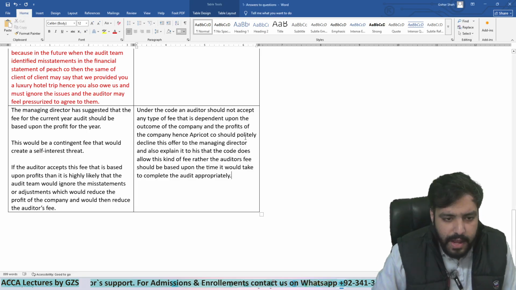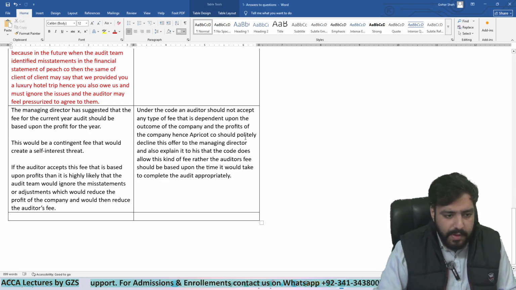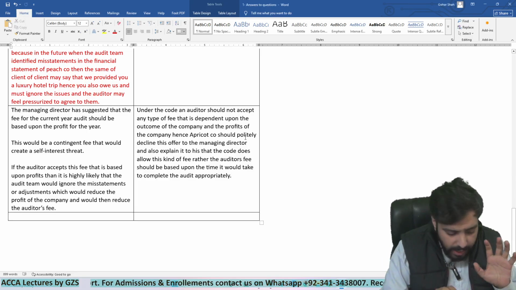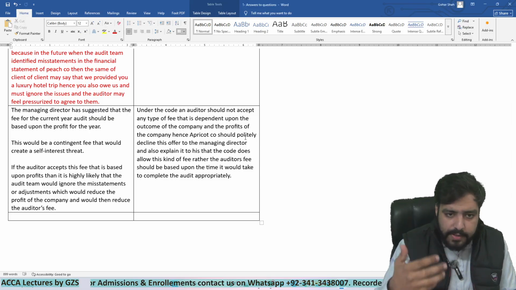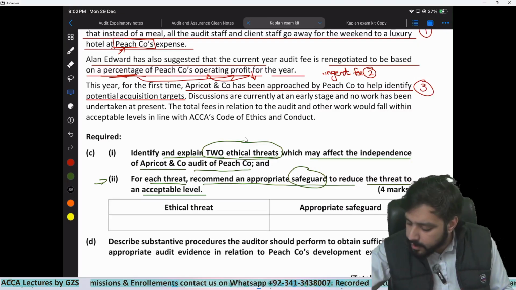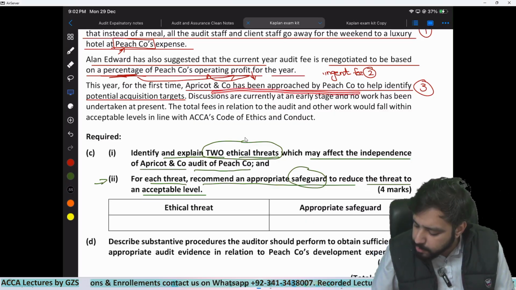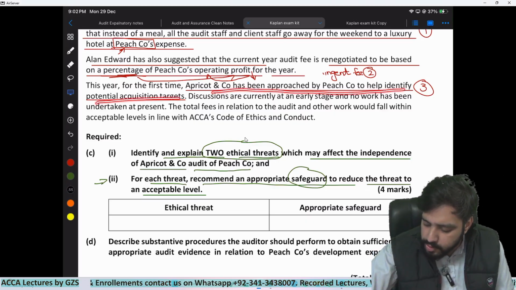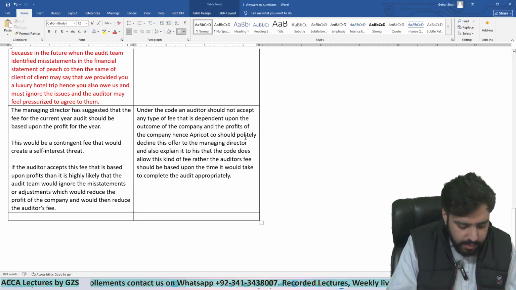So coming towards our answer, first of all, let me press tab and add a new tab here. So explaining it, first of all, we will have to identify this issue in our own words. And how will I write it down? Apricot Corporation has approached Peach Corporation to identify potential acquisition targets. First of all, I will write it down in my own words.